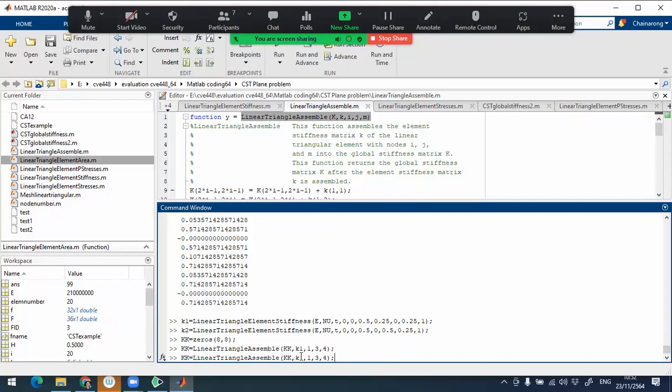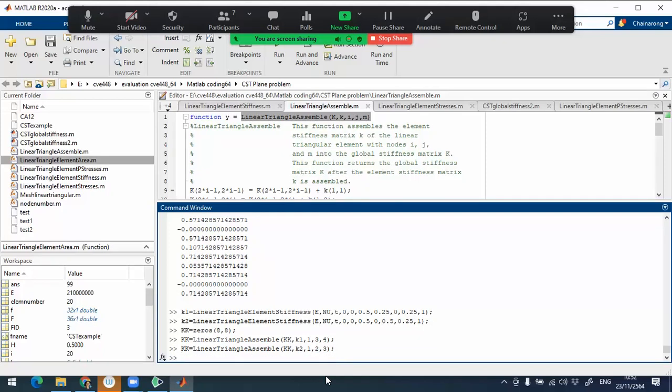Should be K2 and 1, 3. Okay, we already have the global stiffness matrix. After that, we do the same thing.